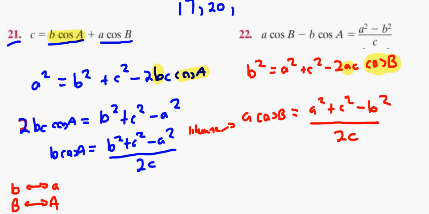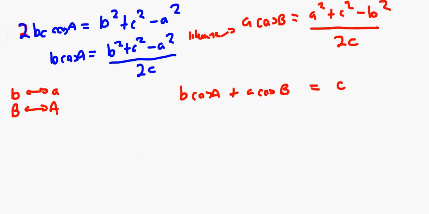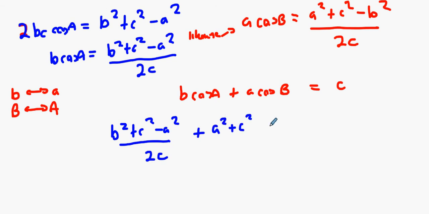Now, I'm going to add b cos a. So b cos a plus a cos b should equal c. That's what we're trying to prove. So, essentially what I'm trying to prove here is that b squared plus c squared minus a squared all over 2c is exactly the same as that c over the other side.